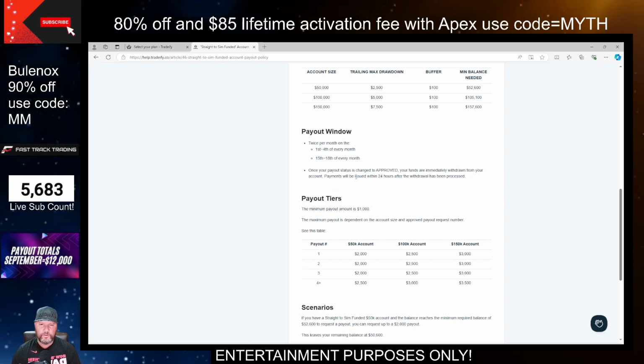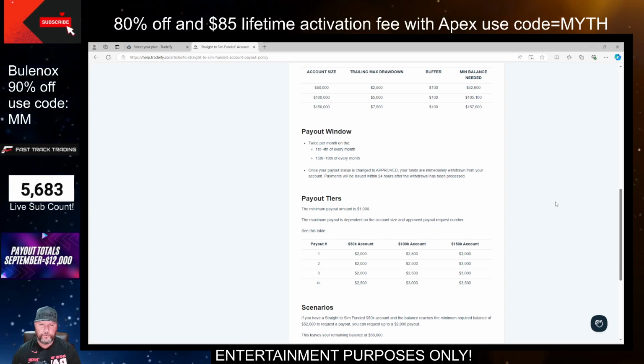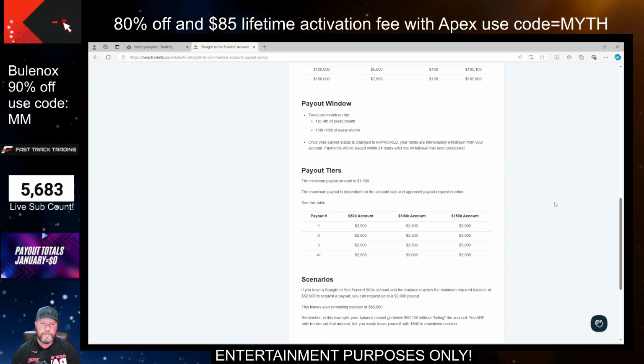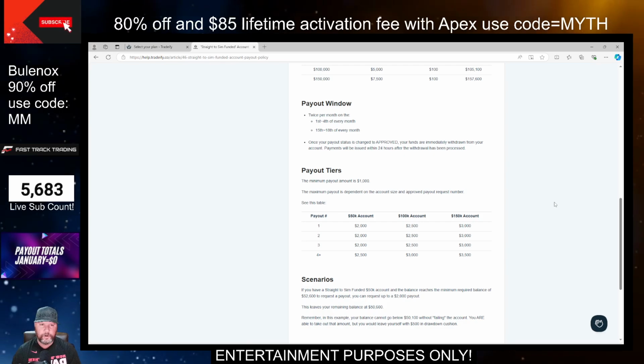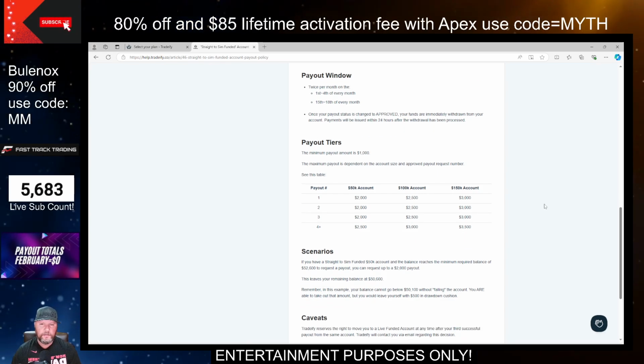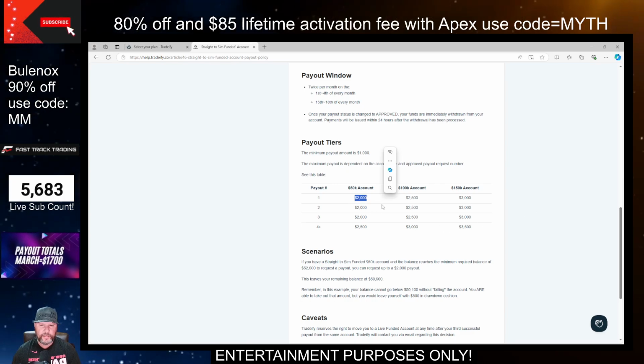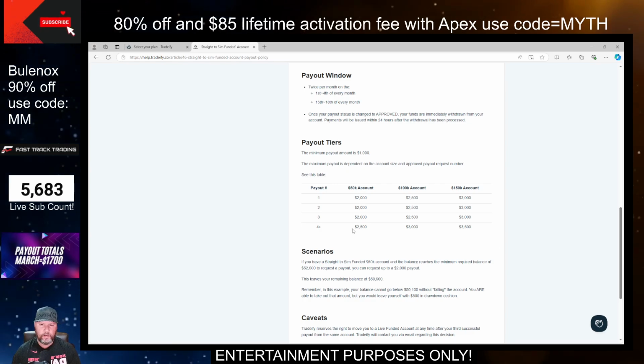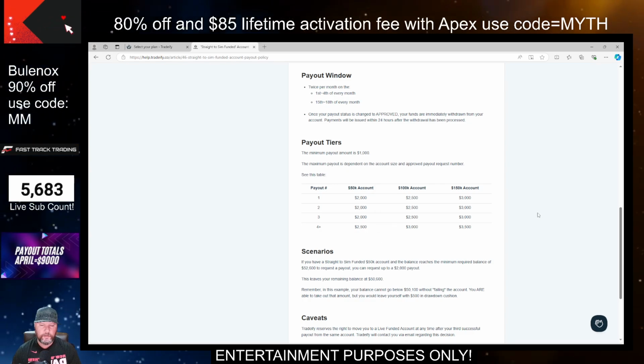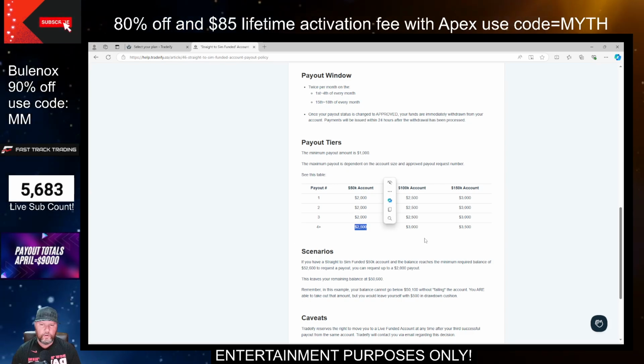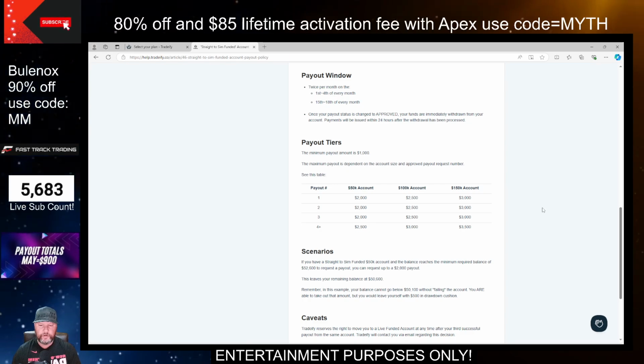Your funds are immediately withdrawn once the status is changed to approved. Payment will be issued within 24 hours after the withdrawal has been processed. So that's kind of nice. The minimum payout is going to be $1,000, and we're concentrating on the 50K account here. This does scale up once you get to your fourth payout or more. So it's $2,000 each period, or after the fourth, it goes up to $2,500.